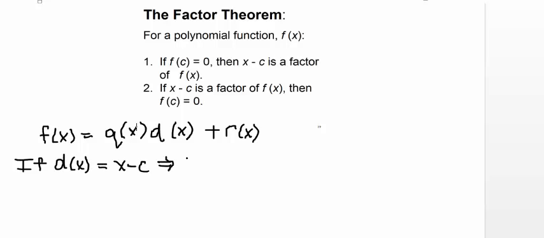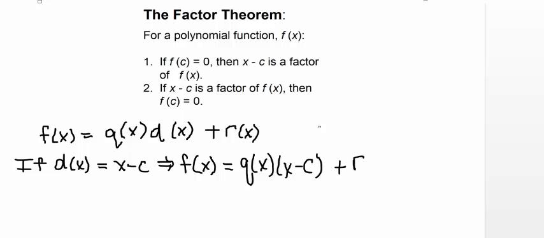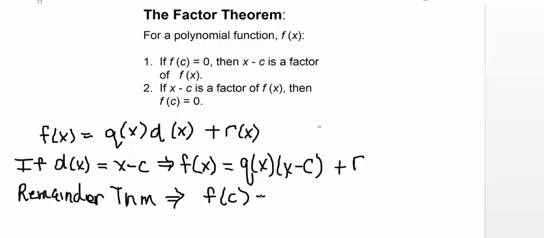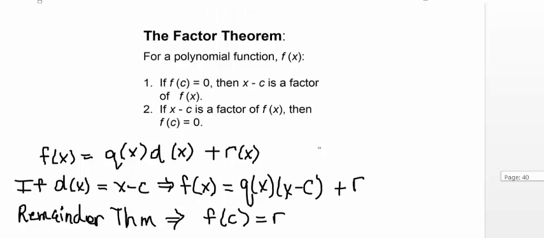So if d of x is equal to x minus c, then f of x is q of x times x minus c plus r, because remember, if the divisor is x minus c, the remainder is a constant. So if the remainder is 0, that means f of c is the remainder by the remainder theorem.